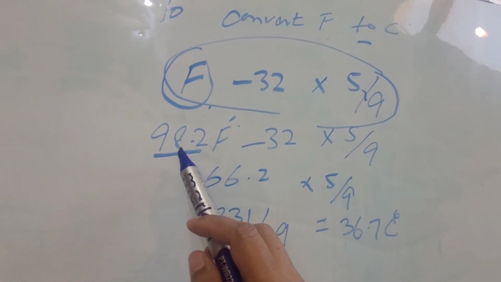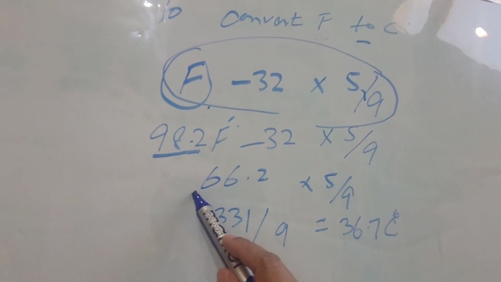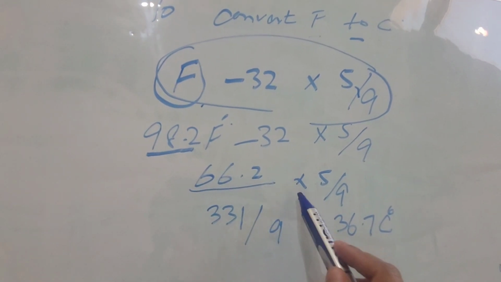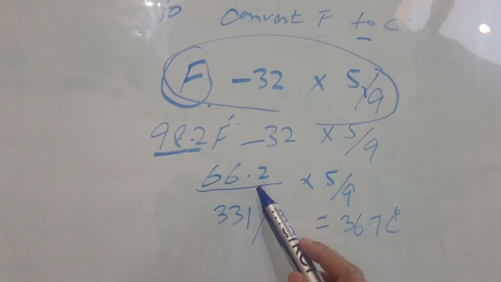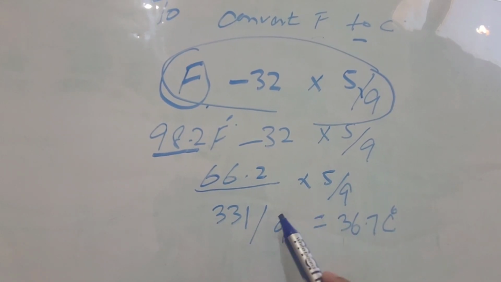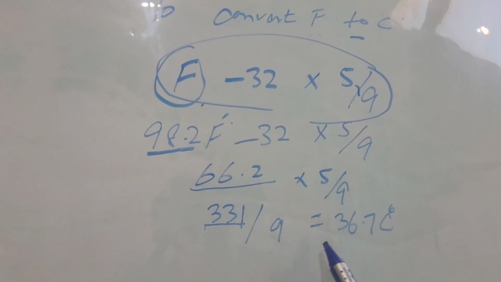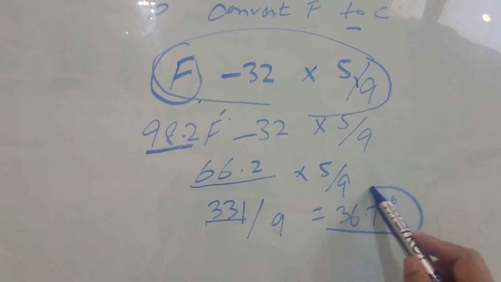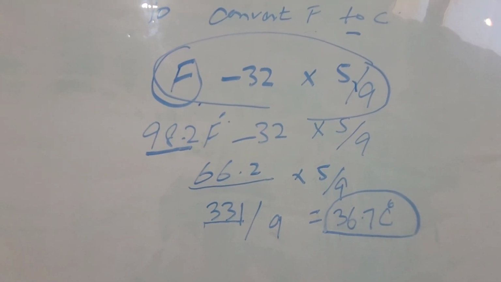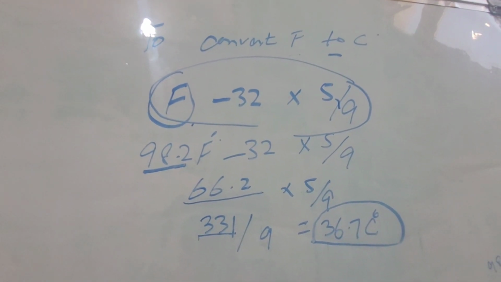So what we did first, 98.2 minus 32, this is the reading that came. Then multiply by 5 by 9. Now 60.2 multiply by 5, the reading will come 331. And then divided by 9. What exact answer came? 36.7 degree centigrade. This is the formula to convert Fahrenheit to Celsius.